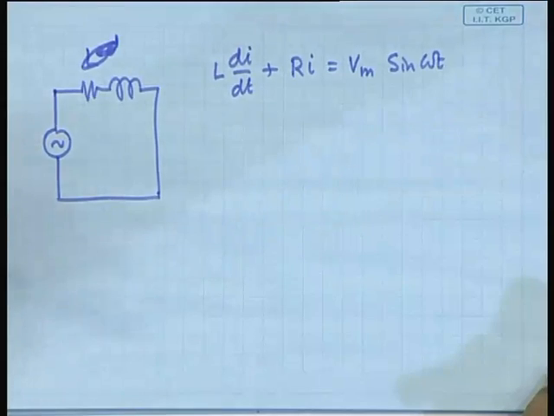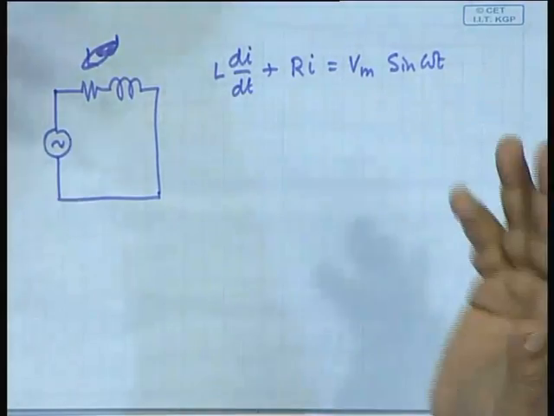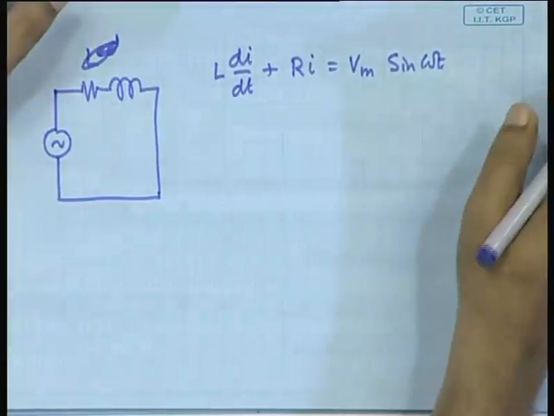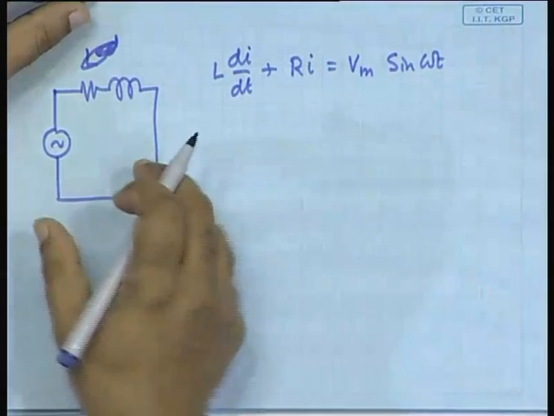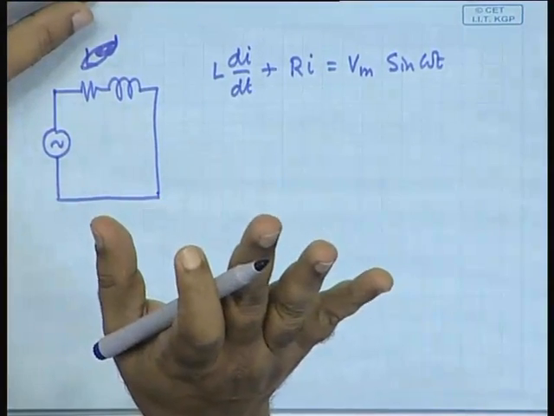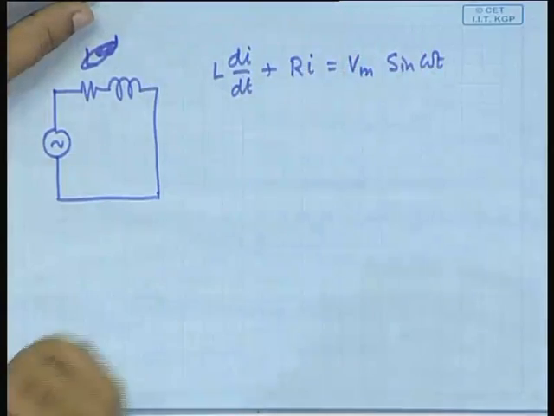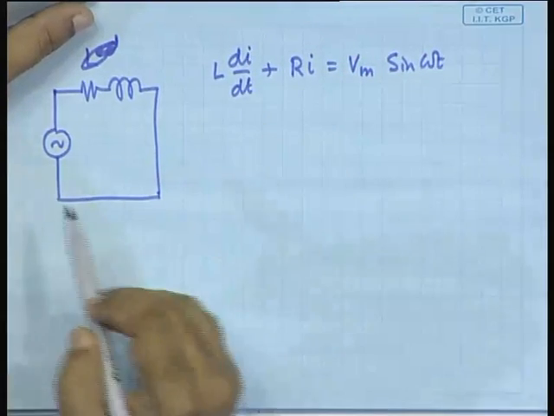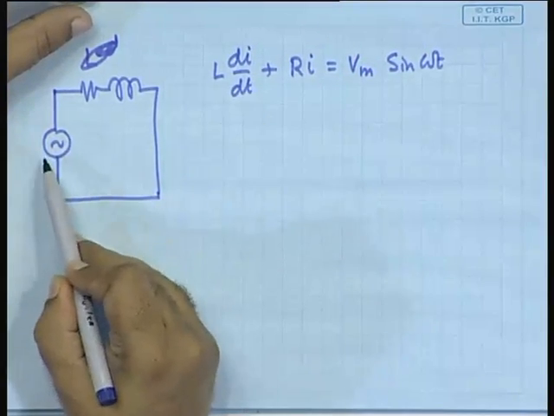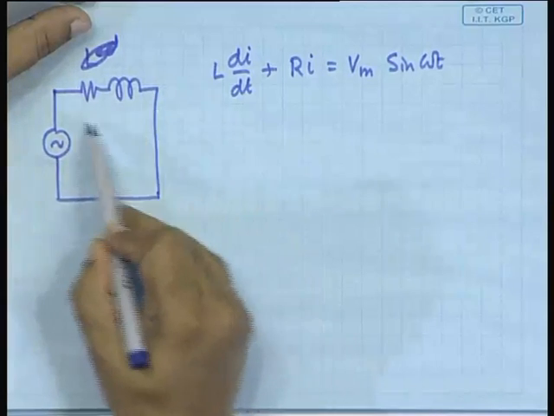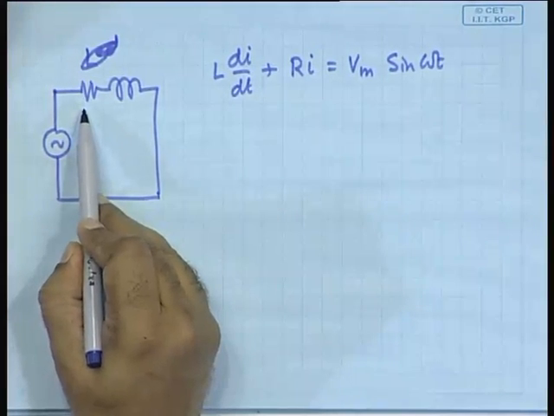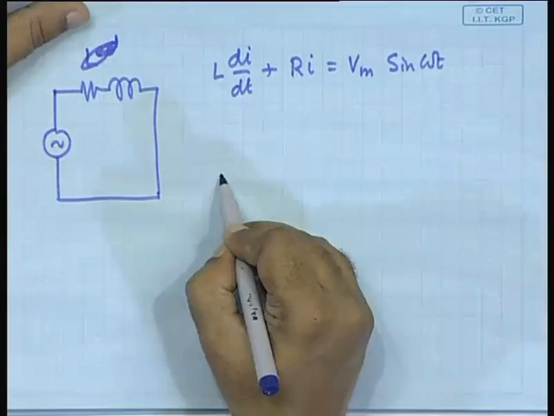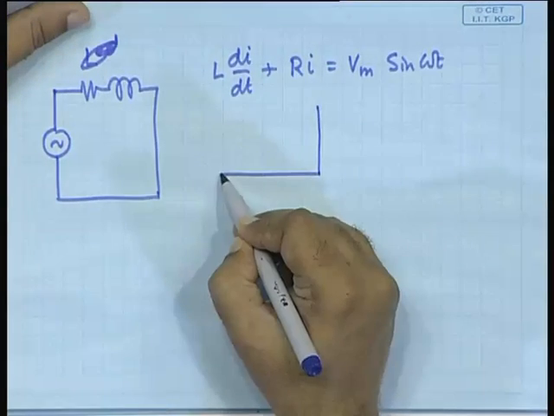What we can conclude? We will conclude exactly the way that we even learnt in the elementary electrical engineering classes, that the solution will be the steady state solution, the particular one, will be this sinusoid, and this is seen as a Z, which is omega L and R. So we will construct a triangle like this.